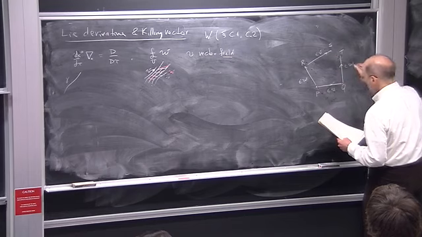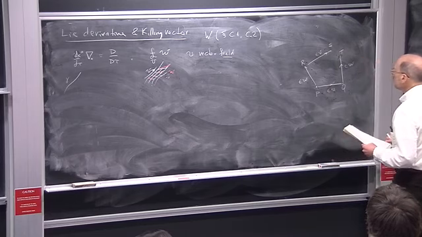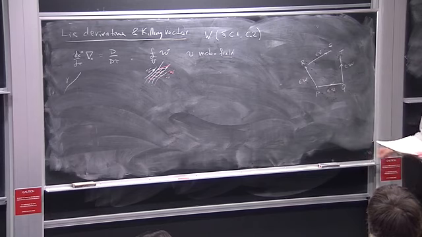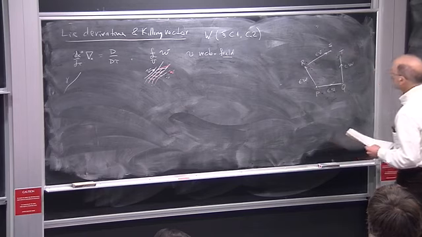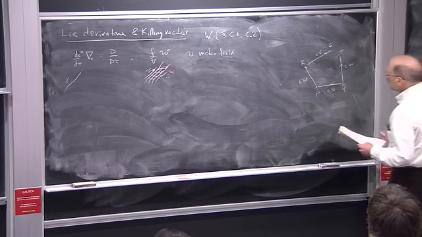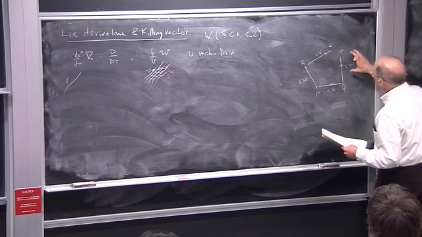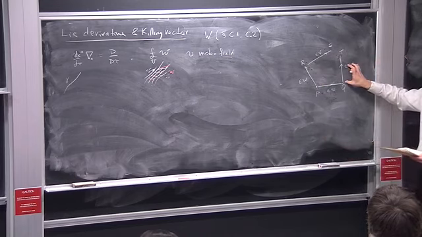Okay. Now, we want to remember what we're trying to do. We're differentiating the field W along the field V. So what that's asking us to do is to take W at P and compare it to W at Q. And we said we do that by dragging.